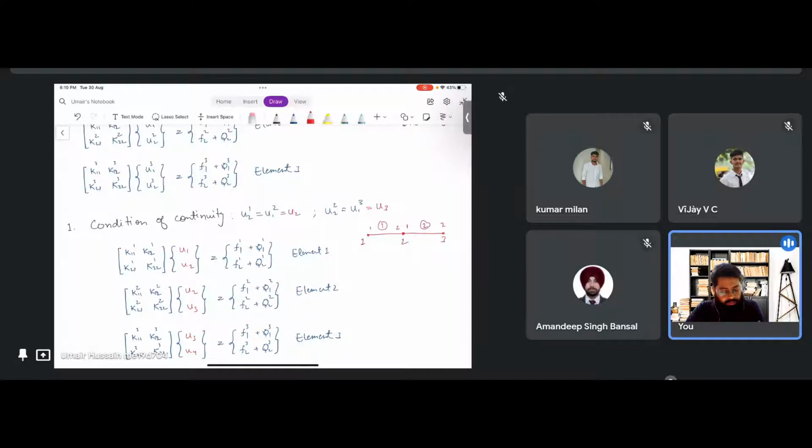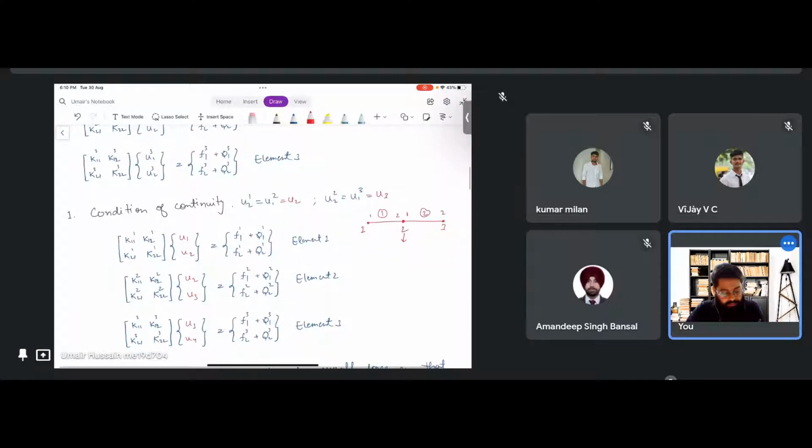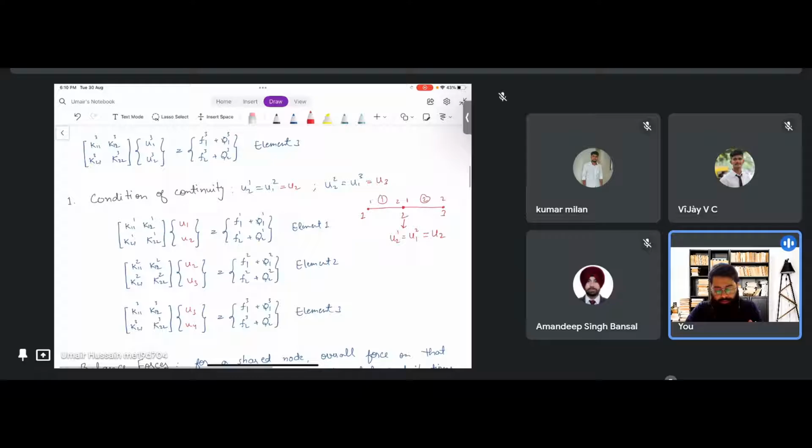So node 2 is shared here, and whatever displacement is at node 2 should be the same on both sides. So the second elemental node of element 1 is the same as the first elemental node of element 2, and we just assign them a common name too. That's how we do here.